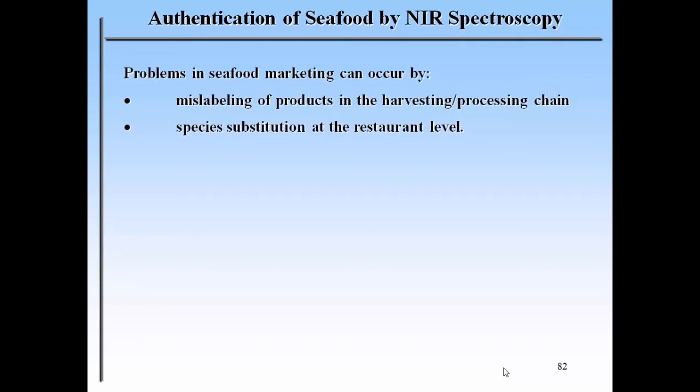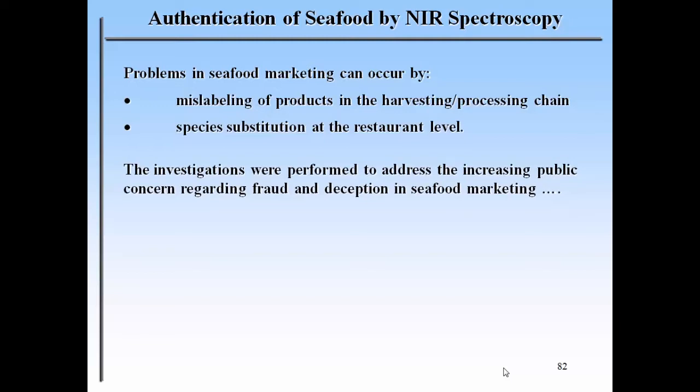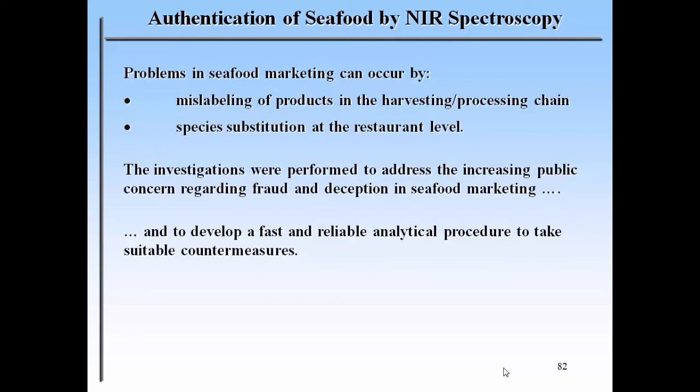The company who sells these mini instruments sent us a publication of the FDA, Food and Drug Administration, from 2010, where it was pointed out that there are lots of problems in seafood marketing due to mislabeling of products in the harvesting or processing chain, to species substitution at the restaurant level, etc. And the question was, is it possible to undertake something against this fraud and deception, and to develop a fast and reliable analytical procedure to take suitable countermeasures.